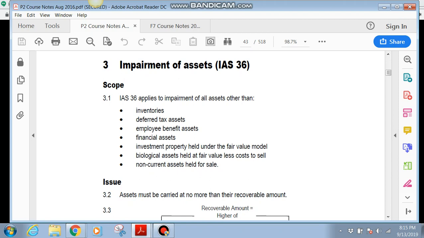It does not apply to investment property held under the fair value model. Take note again there, investment property held under fair value model. It does not apply to biological assets held at fair value less cost to sell.